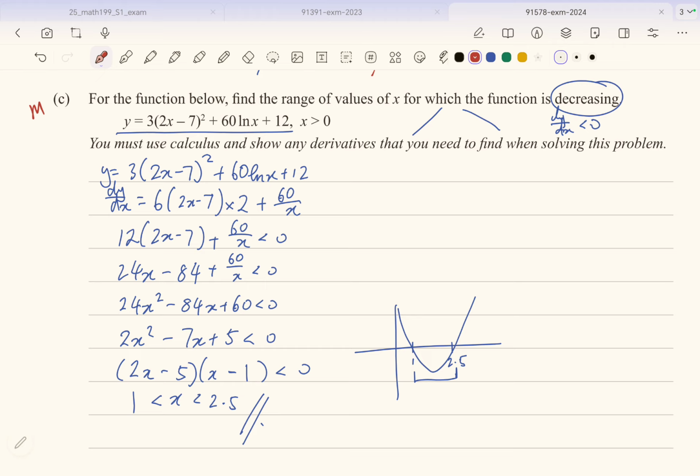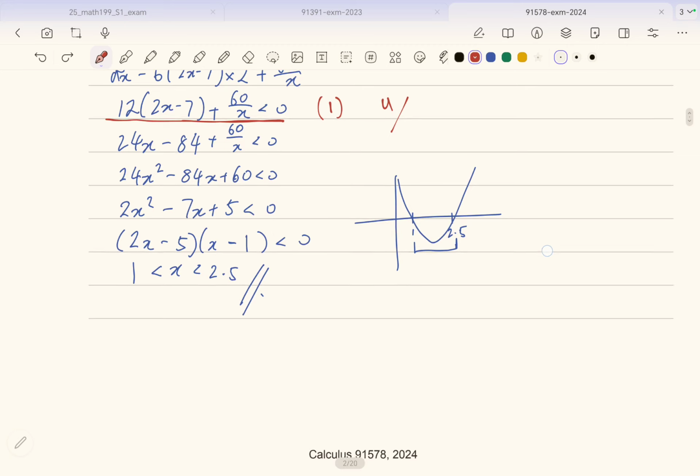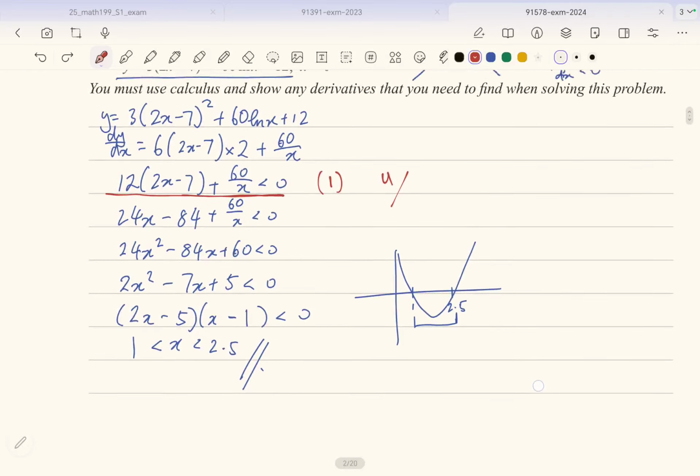Part C is your merit question. For evidence of reaching stage 1, which is forming this inequality, that's stage 1. And that will give you achieved. You could set this as less than or equal to, does not matter. To get your merit mark, you've got to find the correct inequality for acquiring values of x for decreasing functions with evidence of derivative.